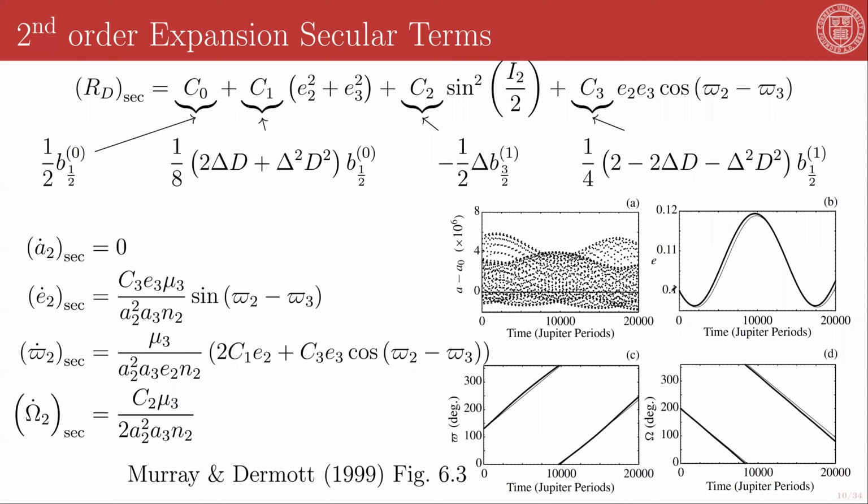The eccentricity, which we predicted to have a predominantly sinusoidal variation, does exactly that. You can see that the two traces match shockingly well, again, given how simplified this expression is compared to the full thing. And as expected, both the longitude of periapsis and the longitude of the ascending node are linearly ramping in time.